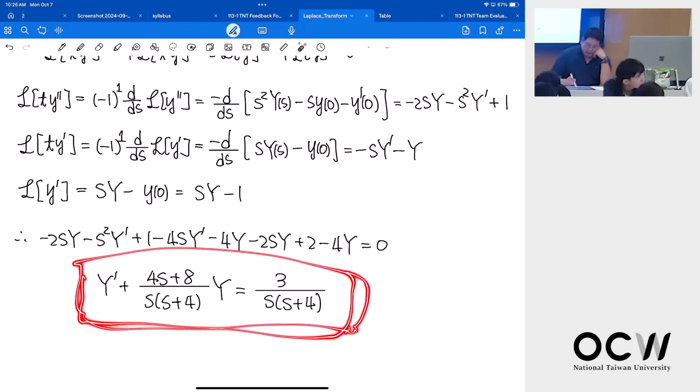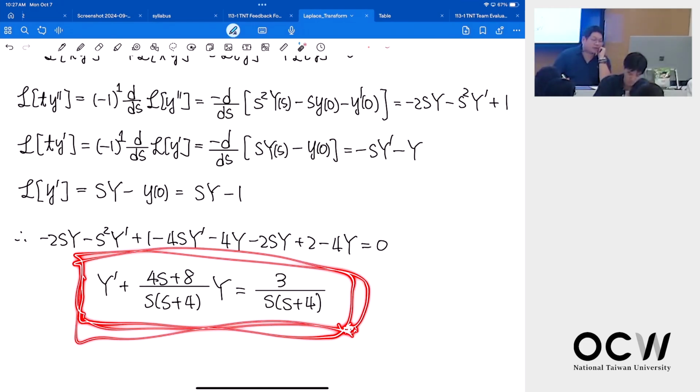And what type of differential equation is this? Exact, separable, linear, or others, Riccati, Bernoulli? And how about its order? First order, second order, third order? Anyone?